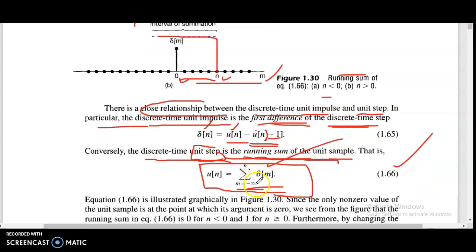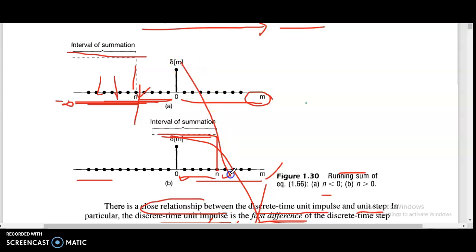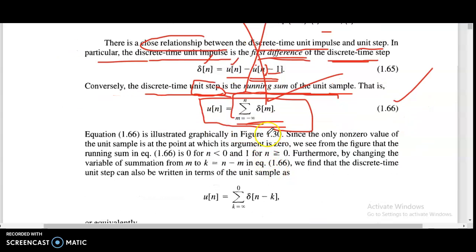So m runs from minus infinity to n, and this is the delta of m.